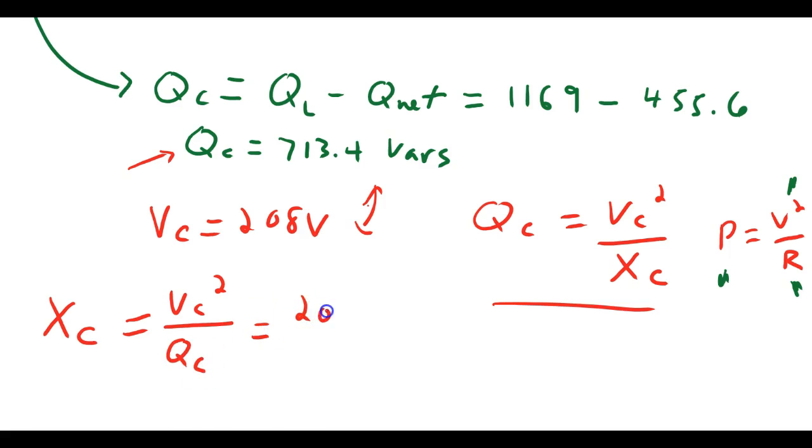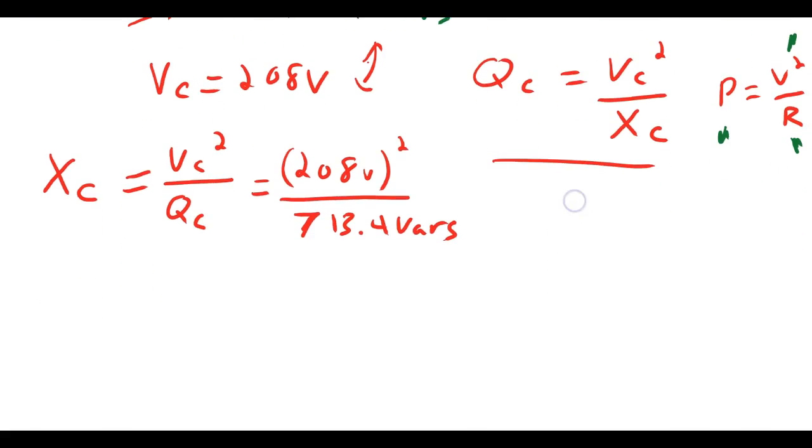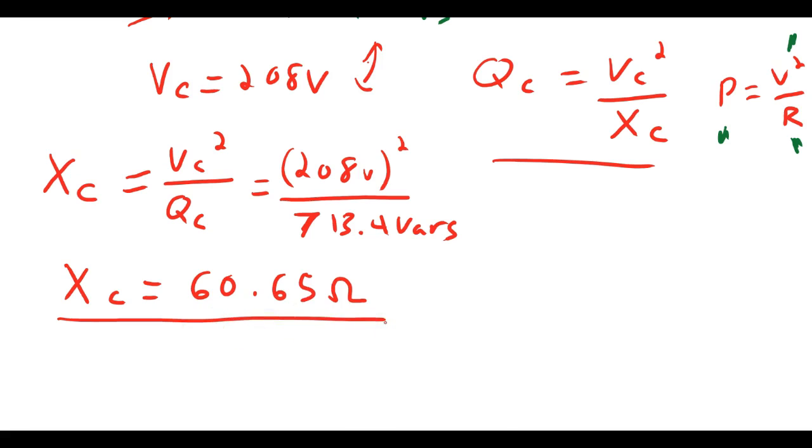And that gives us 208 volts squared divided by 713.4 vars, which was calculated. If we do the calculation, it turns out that XC will be equal to 60.65 ohms. Now that is the capacitive reactance.